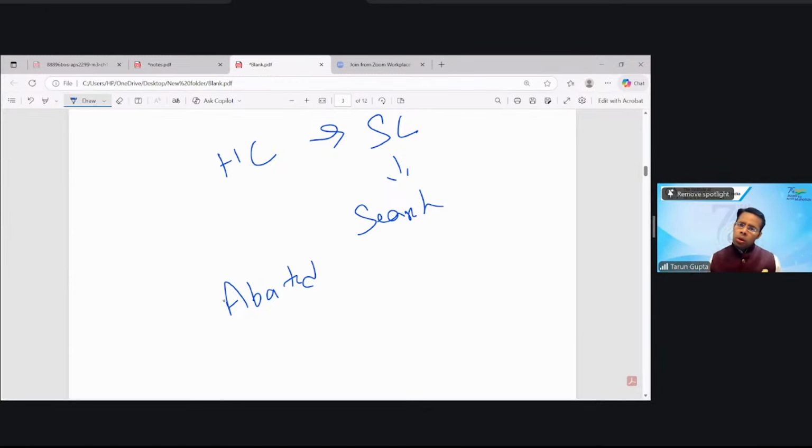You with me? So the moral of the story: either the assessment under other provisions or the block assessment. In no case will both go together; in every case, one of them will go. Actually, it's not that once abated, it is abated for a lifetime. If the search is held to be invalid, then this abated assessment shall revive.